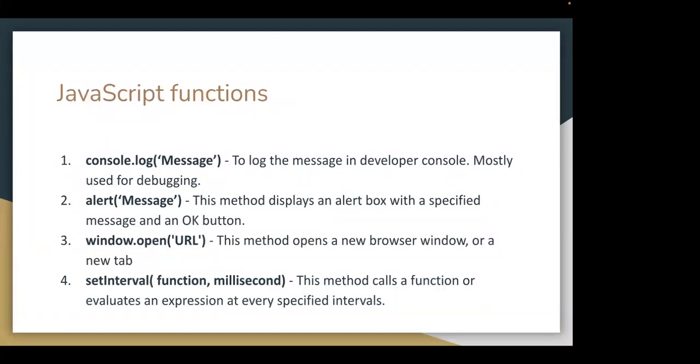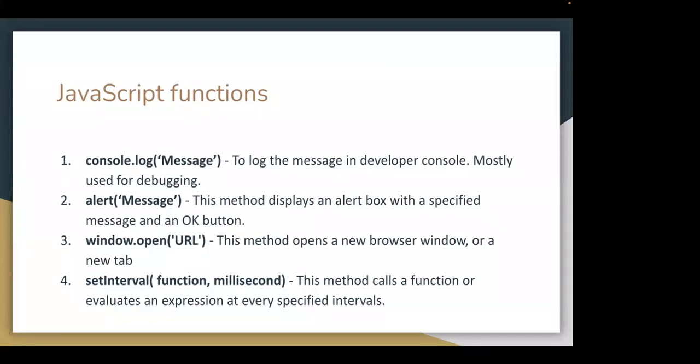Now you can see there are some built-in functions, like console.log to print a message or a variable value. Second is alert, in which a pop-up comes with a message and asks for an OK button or something.